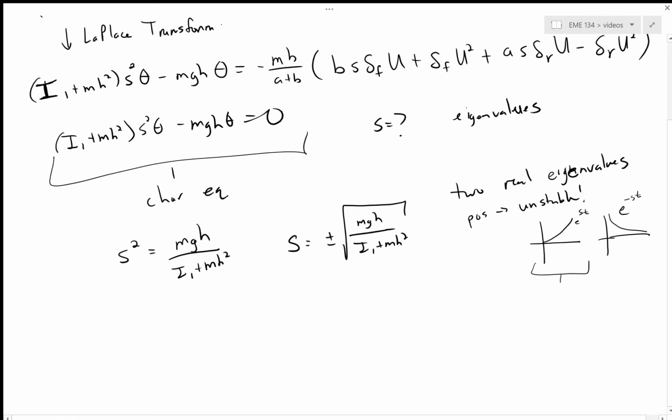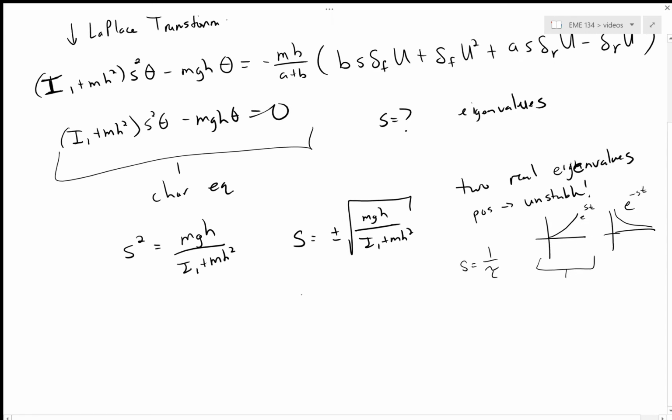It's going to be useful for us to write S in the form of 1 over some time constant tau, right? And I'm going to call, in our case, you can rewrite S as plus or minus 1 over tau 1. We're going to have a few taus here, and I'll show why in a minute.